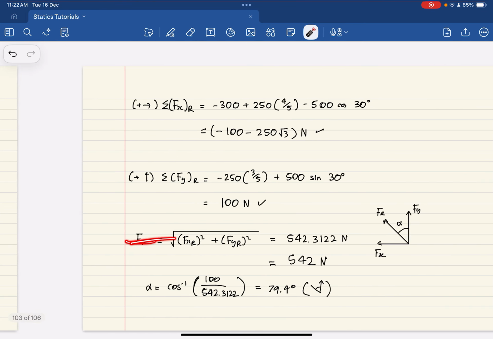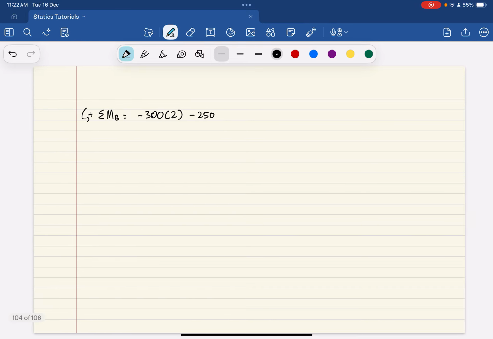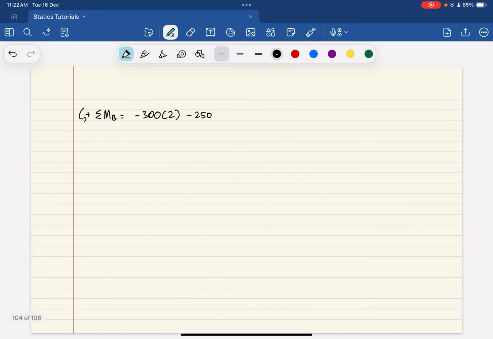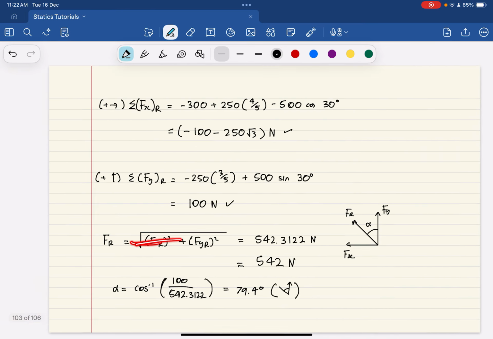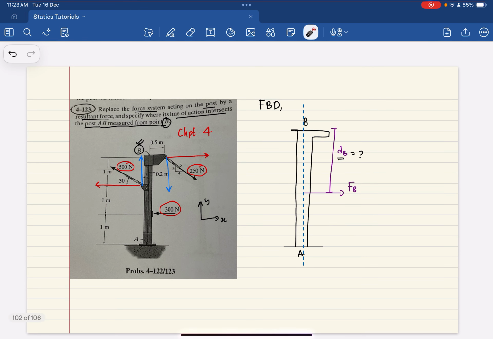So we're going to take it as minus 250 times 3 over 5 times 0.5. That is the force with its component, and 0.5 is the distance. Now the last force, from B itself, has a distance of 1 meter. The horizontal component will take effect, related to 1 meter itself.